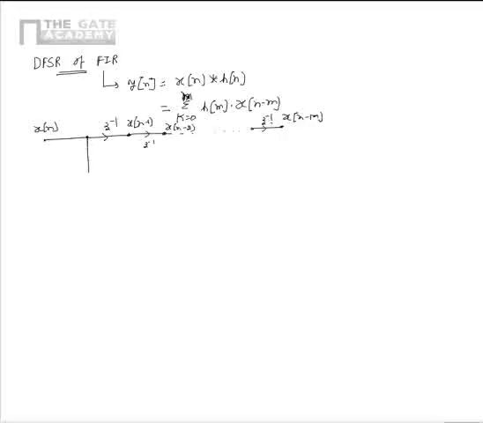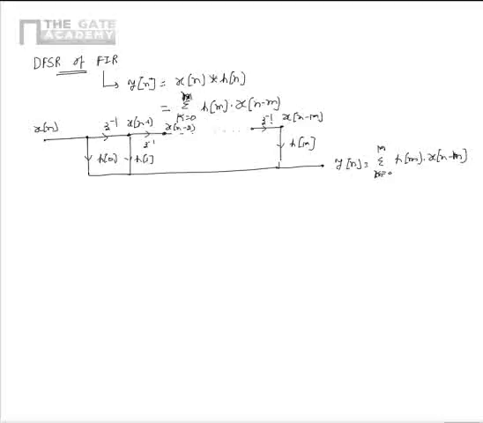Now, these intermediate outputs we got, that is delayed versions of x of n, are weighted by h of k and then added to get the output y of n, which is equal to sigma k equal to 0 to m h of m multiplied by x of n minus m.